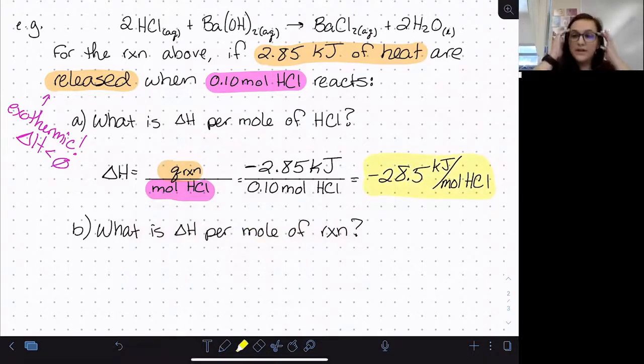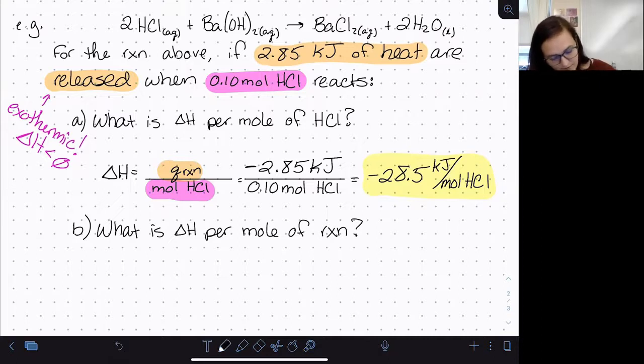So that is one way that we can express the enthalpy change of this reaction, is for every mole of HCl that reacts, 28.5 kilojoules of heat are released to the surroundings. We can also express this per mole reaction, and all we really need to do is a unit conversion using our coefficients. So this is just a little bit of stoichiometry to convert moles of HCl to moles of reaction.